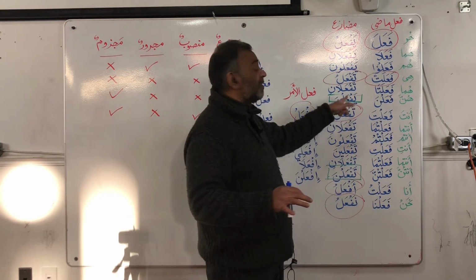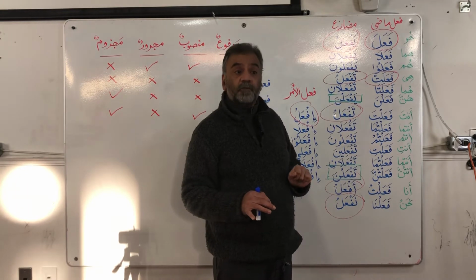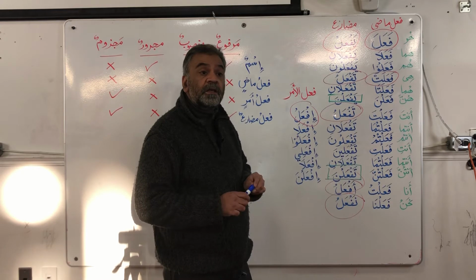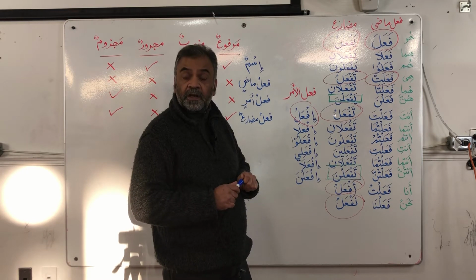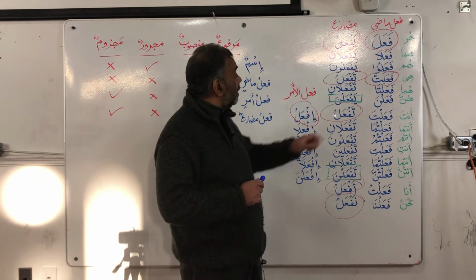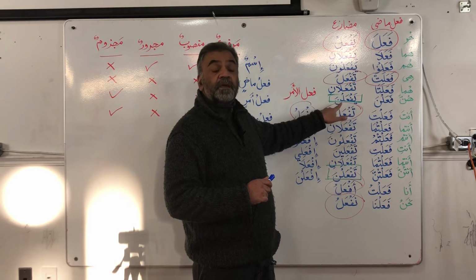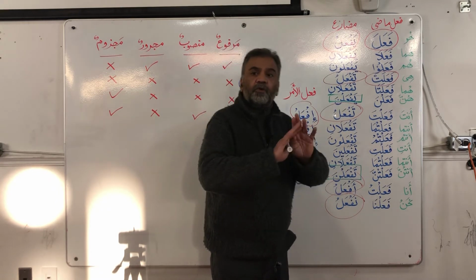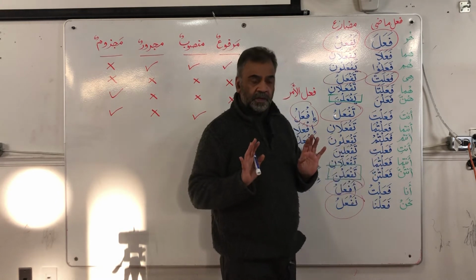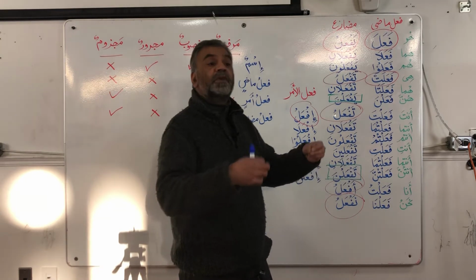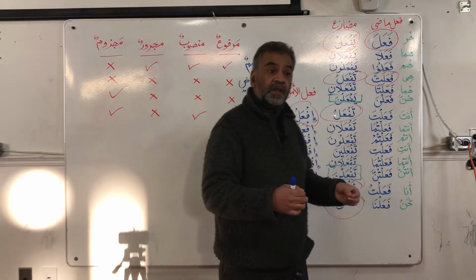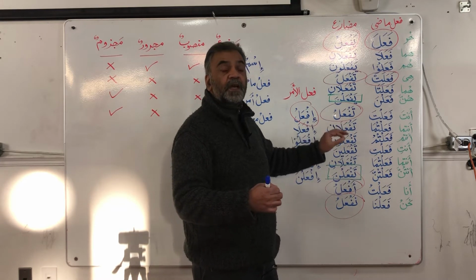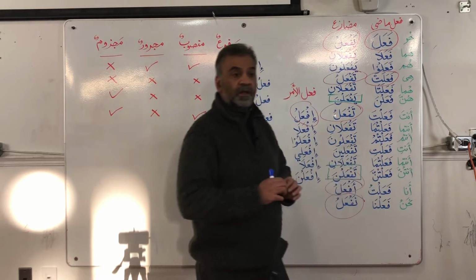So, in case this is coming in the form of marfu, then we say fi'lu mudarin mabni ala sakun fi mahalli rafin. We do not have to memorize this at this time. If it is coming in the form of mansoob, we say fi'lu mudarin mabni ala sakun fi mahalli nasbin.